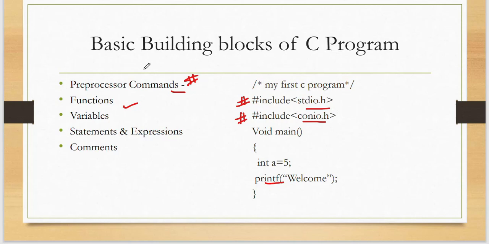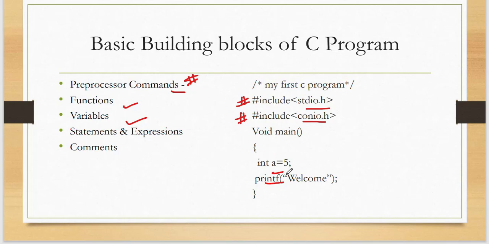So the basic building blocks of a C program are preprocessor commands, functions and variables. Variables are nothing but locations for values. For example, if I ask what is your name, name is a variable, and the values could be Anjula, Ranjan, or Geeta.